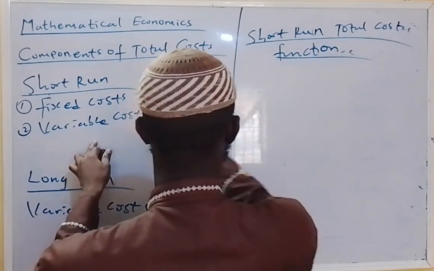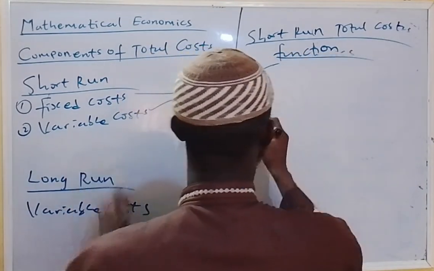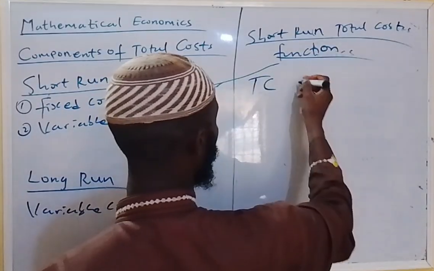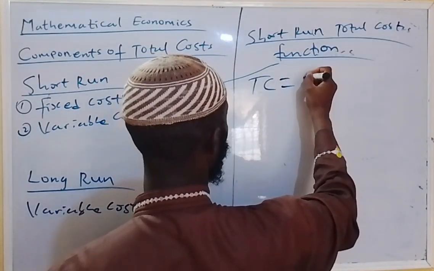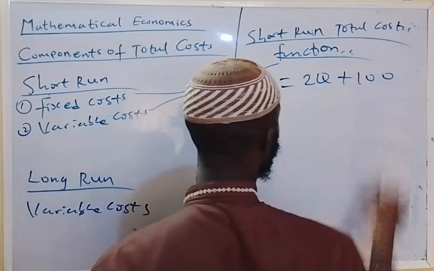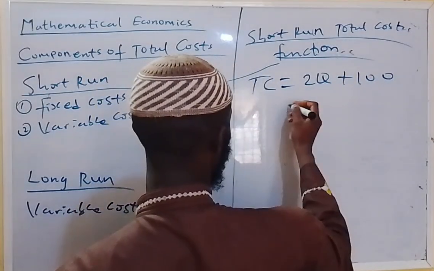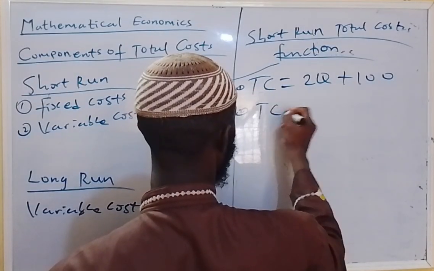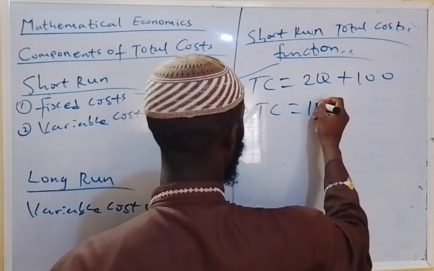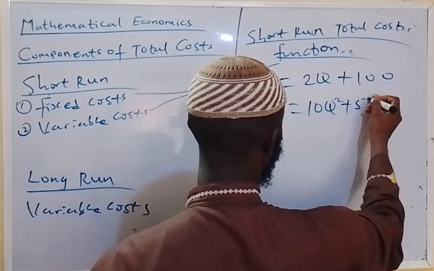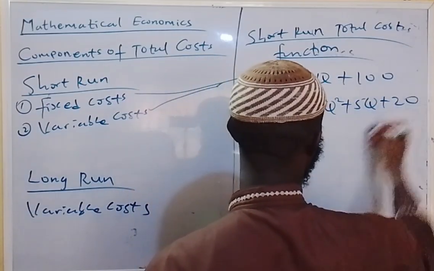So if you see something like TC equals, let's say, 2Q plus 100, as the case may be, or you have another one, let's say TC equals 10Q squared plus 5Q plus 20.